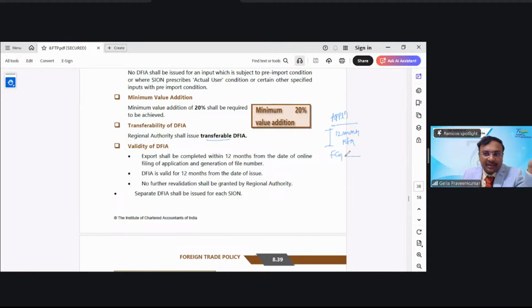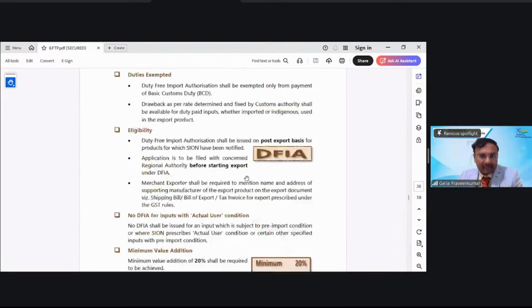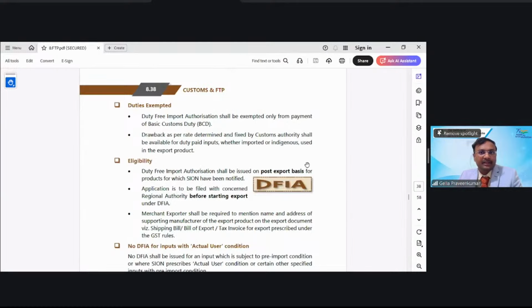Once the goods are manufactured, then I export, where I get my DFIA script. So this is the mechanism of how DFIA is going to work.